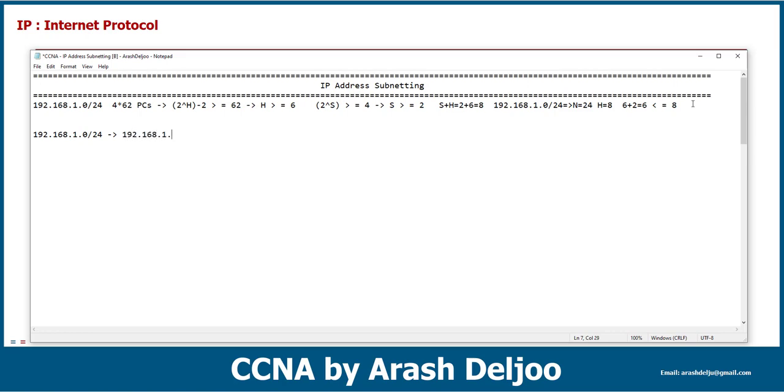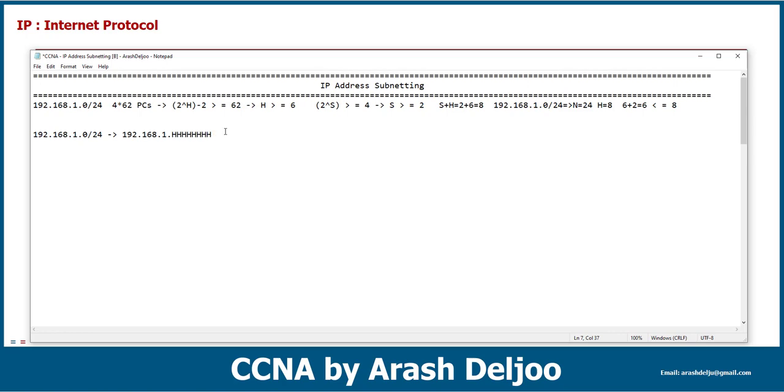All of the bits after the first 24 bits are host bits. 8 host bits are now available. /24 means the subnet mask resides here, so the network part is 192.168.10, and the last octet is the host octet.